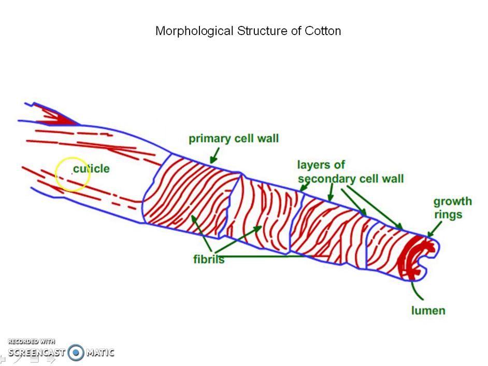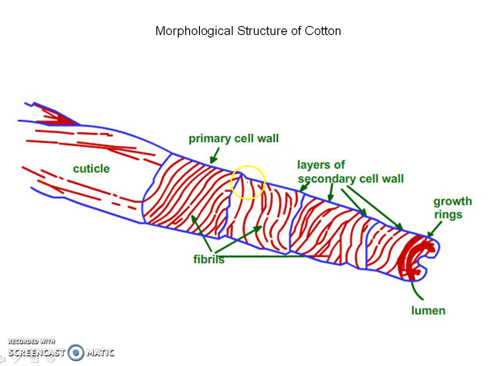The outermost layer of cotton fiber is referred as cuticle. The layer below the outermost layer is referred as the primary cell wall. This primary cell wall has fibrils of cellulose fibers which are at about 70° to the axis of the fiber.